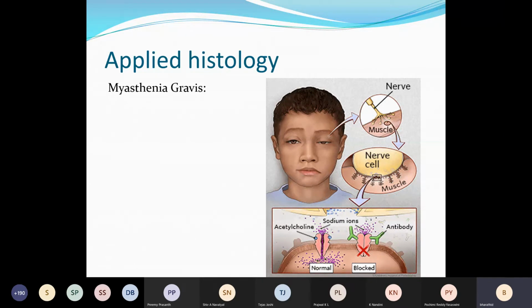One more thing: though it is a lymphoid tissue, unlike a lymph node, it does not have any afferent lymphatics. It has only efferent lymphatics, and there are no lymphatic follicles, unlike in lymph node. What is its function?